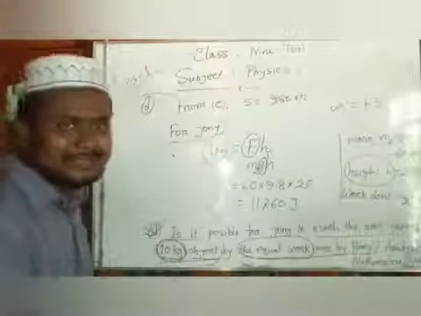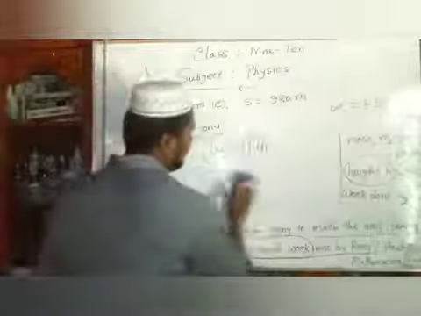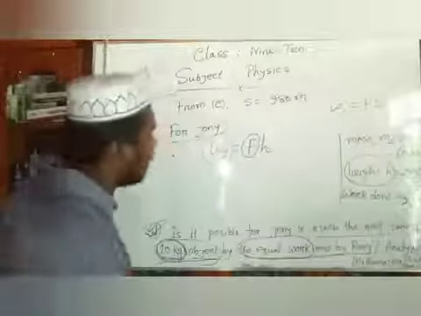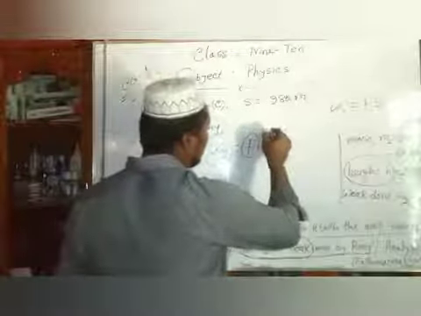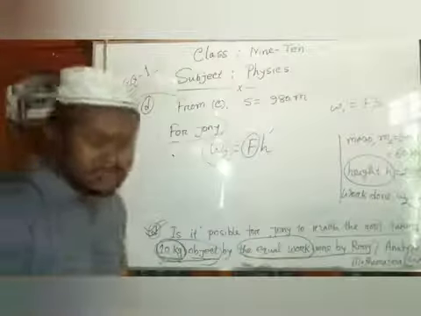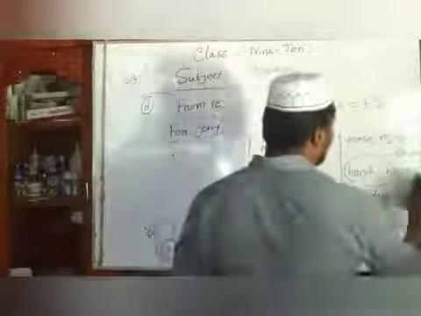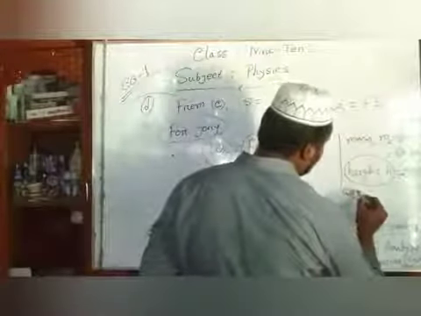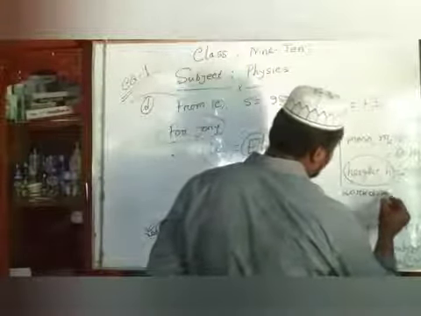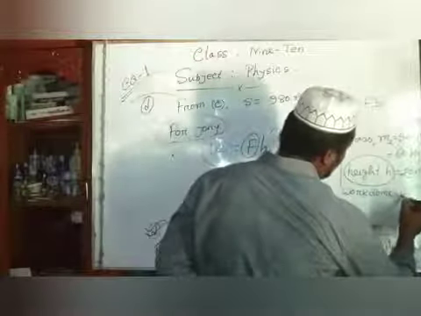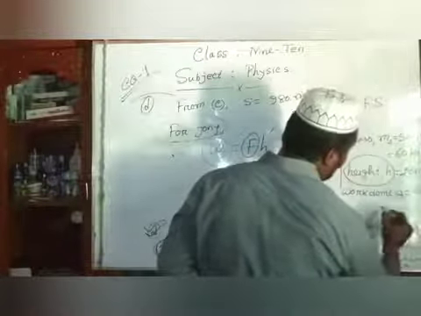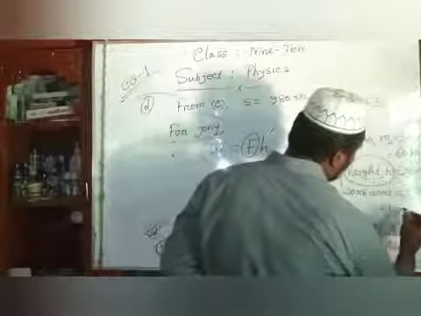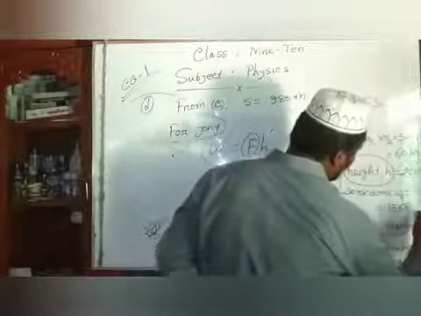And the another way is that we calculate the height. We calculate the height, then we use the work done value for Ronnie. That means work done W2 equals W1 equals 15,680 joule.